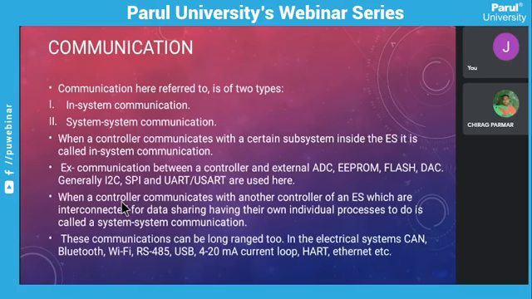For example, your laptop incorporates almost 7 to 8 different embedded systems dedicated to different work, and there is a processor which governs all of them. When such systems communicate with each other, that type of communication is also called system-to-system communication, because each works as its own embedded system, and they work together by sharing data with each other.